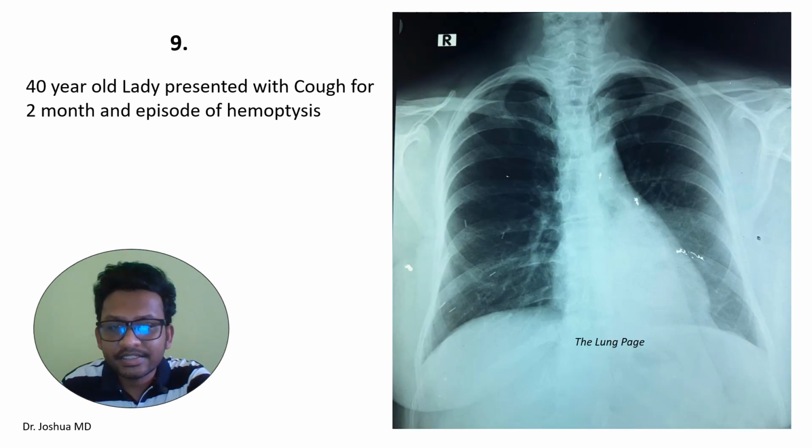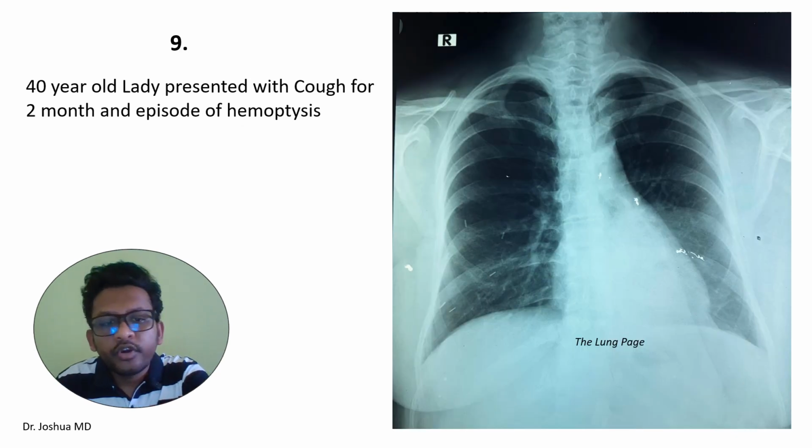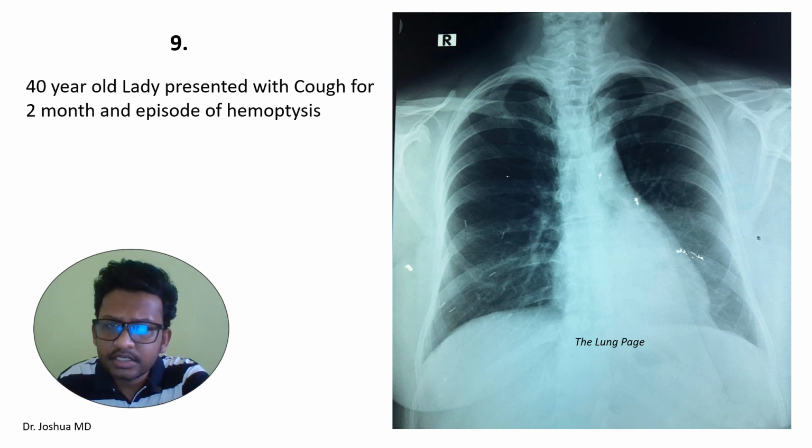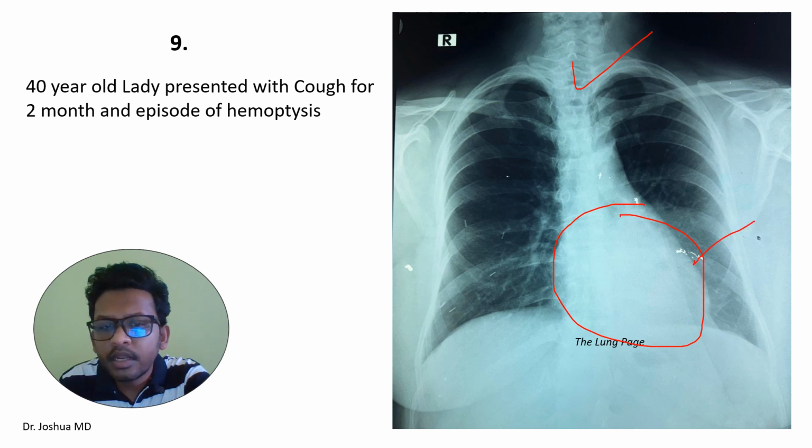So what is the next chest X-ray? A 40-year-old lady presented with cough for 2 months duration and 1 episode of hemoptysis. You can see this chest X-ray. As we all know, ABCD order: airway normal, bones normal, cardiac contour completely normal, diaphragm completely normal, and no effusion.